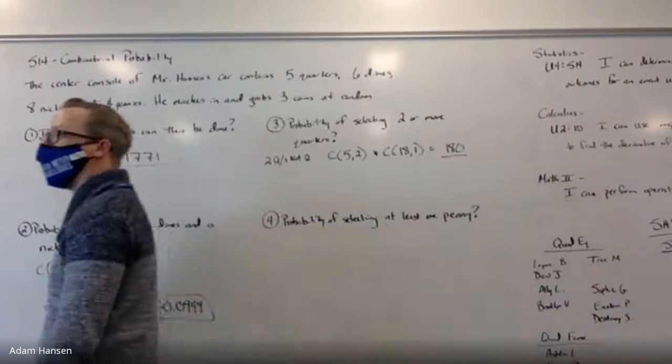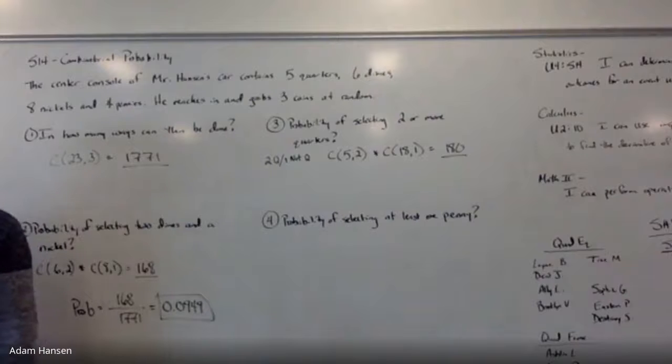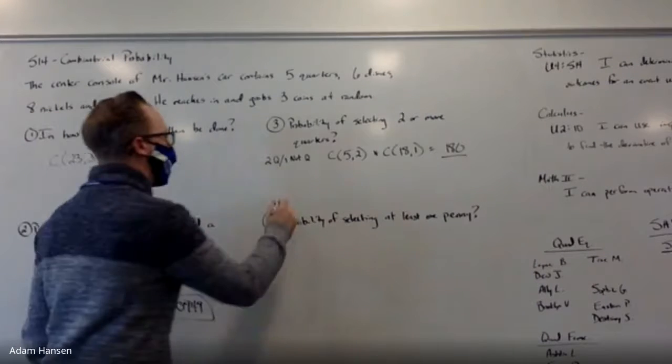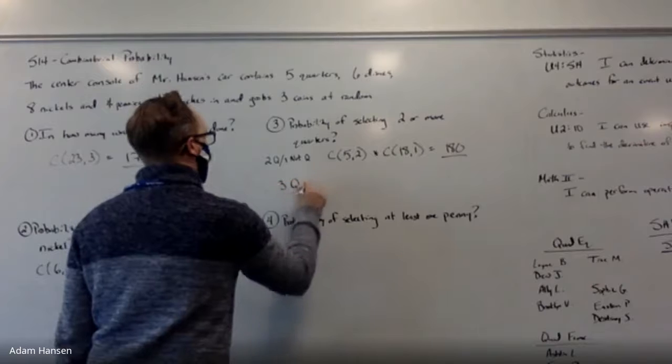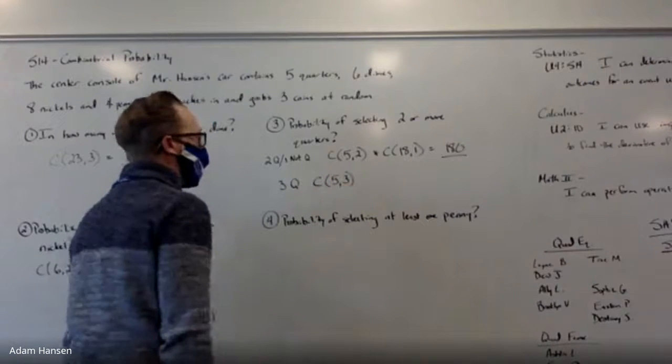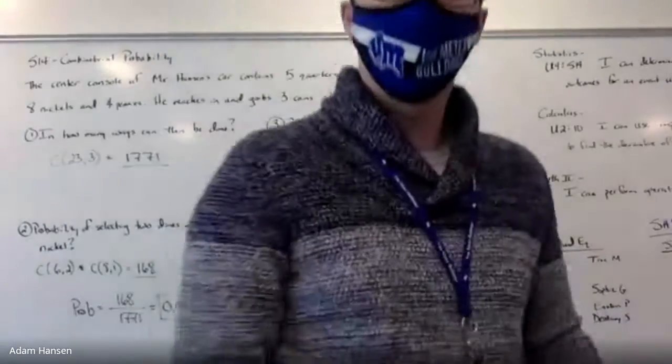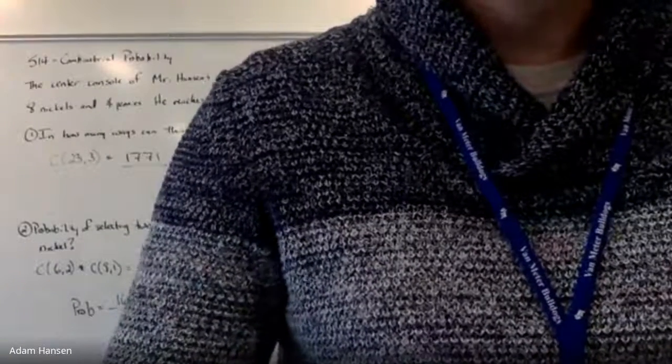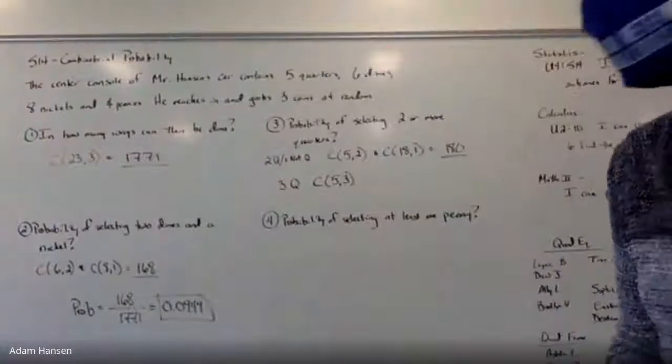What else could I have drawn if I get 2 or more quarters? All 3 quarters. That'd be 5 choose 3, which looks like it's going to be 10.